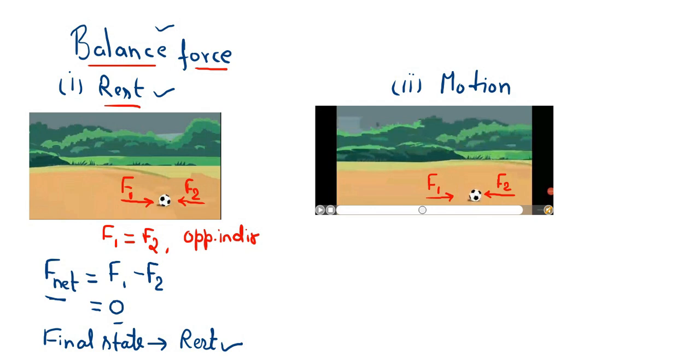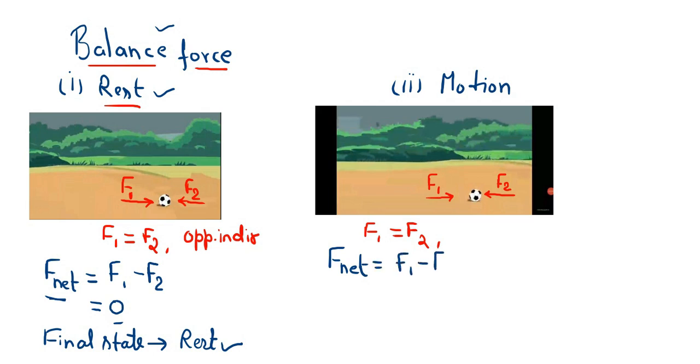Two forces are applied equal and in opposite direction. As the direction is opposite, they will develop the resultant force and they will get subtracted. The forces are balanced, which clearly means the magnitudes of these two forces are equal. The net or resultant force will be subtracted, definitely, because direction is opposite, student. If they are in the same direction, they will get added up.